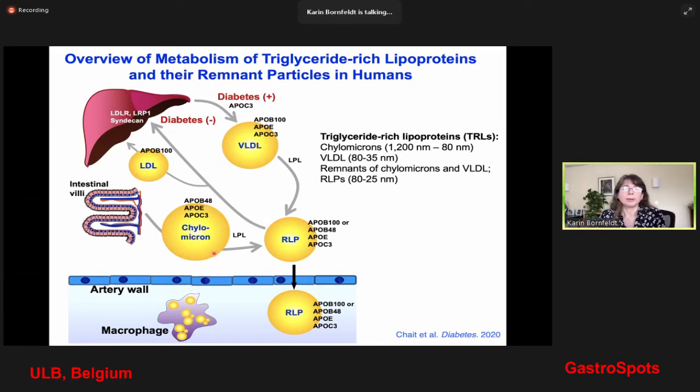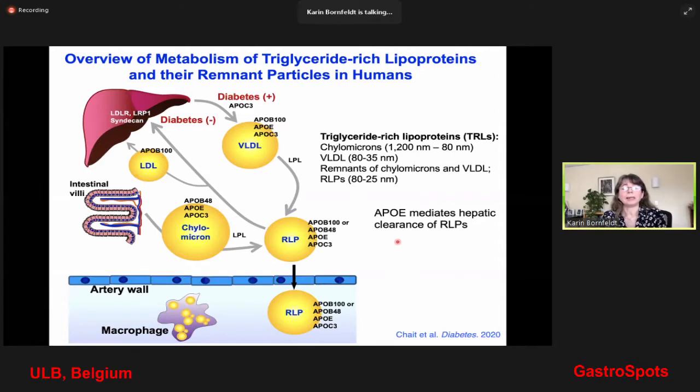Another thing to point out, which will be important later on, is that these different lipoproteins carry different sets of apolipoproteins. So chylomicrons carry ApoB48, which is a truncated form of ApoB100 carried by VLDL and LDL. Chylomicrons and VLDL and the remnants also carry ApoE.